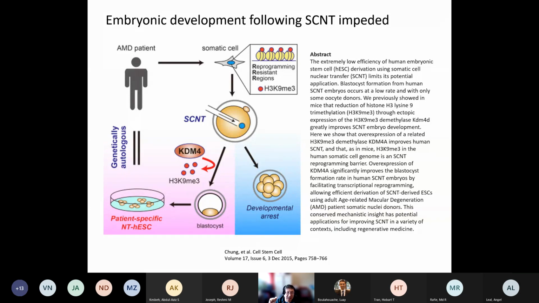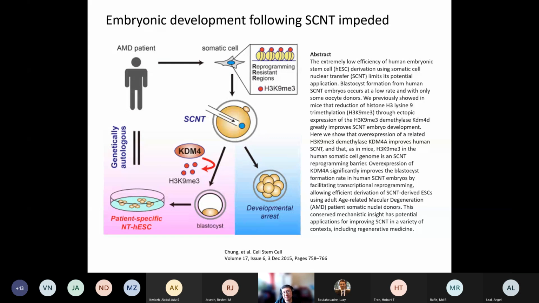So the scientists are now trying to add histone demethylase, an enzyme that demethylates those regions, to remove the methylation mark. When they apply this approach, they found it's easier. You can have a higher efficiency in generating blastocysts from SCNT, and of course, you can generate more human embryonic stem cells that way.